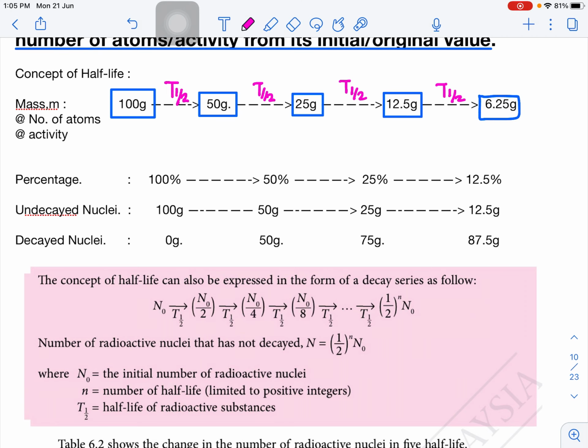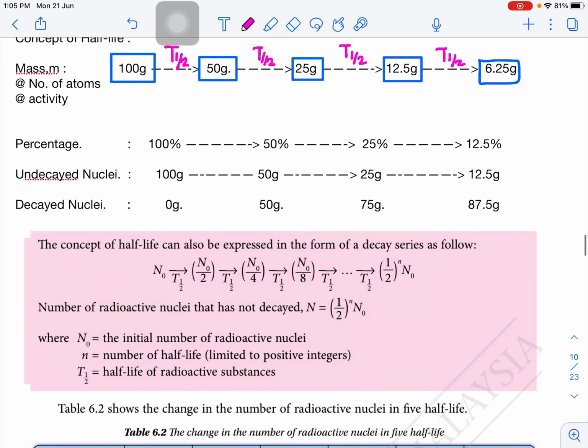Okay. The concept of half-life we can also use in terms of percentage. Initially we start with 100%. What is the time taken for the radioactive element to become half of 100%? Half of 100% is 50%.